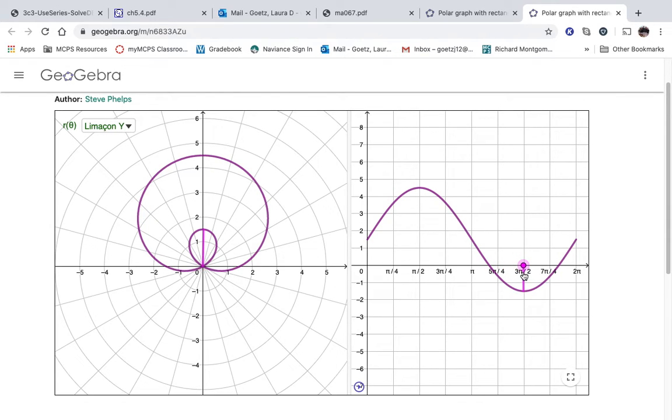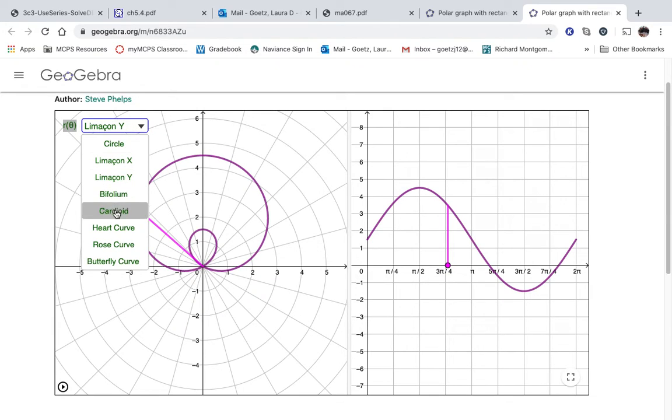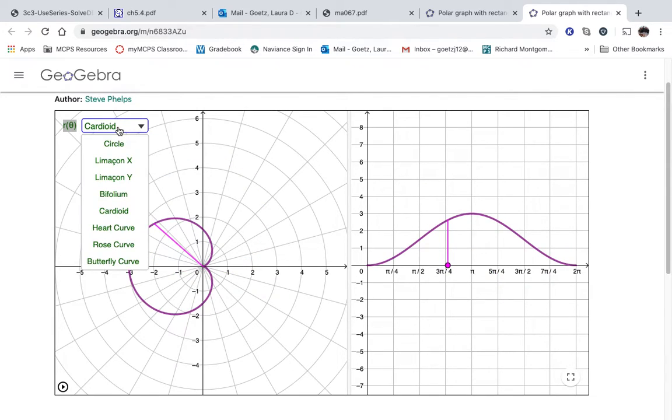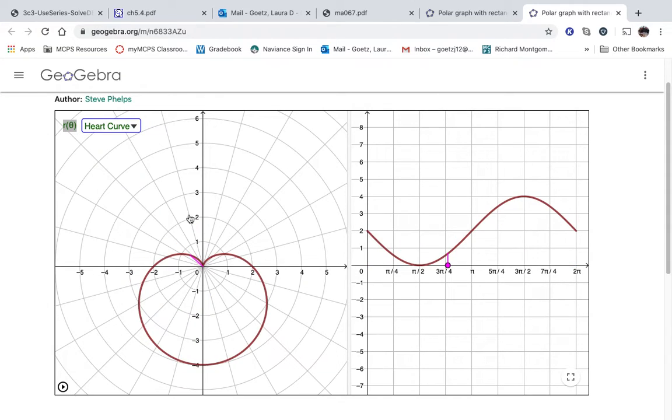The other extreme, look at where I am. Kind of cool, right? Oh, I did the cardioid already. Limaçon X, limaçon Y. Here's another one. They literally call this the heart curve because it's a sine curve, oriented with what we would call the y-axis. Notice that this sine curve only touches the x-axis and goes back up. It's a kiss.